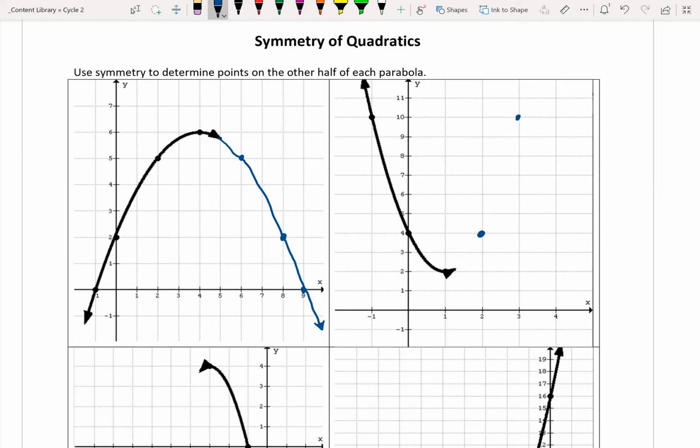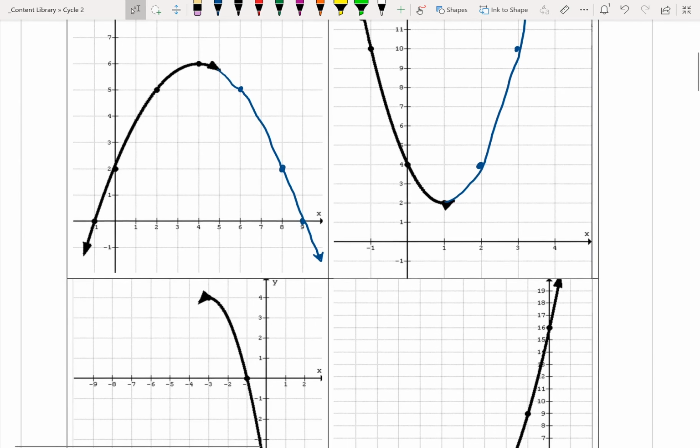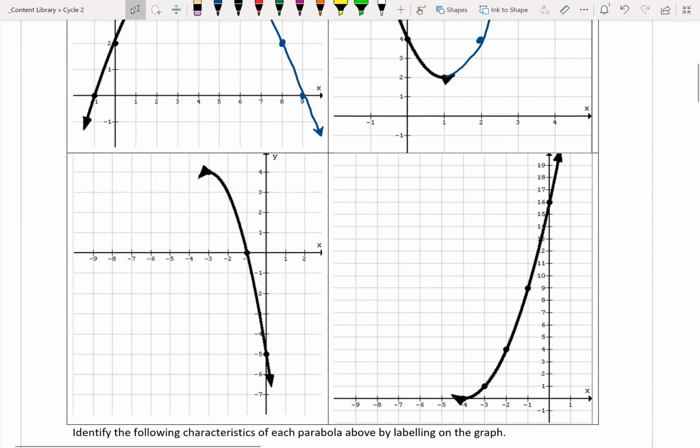on the other sides, because that is the first identifying factor of a quadratic function. It does have that symmetry. It's a little bit different from periodic functions, because this does not repeat. There is only one repetition, and that is it.